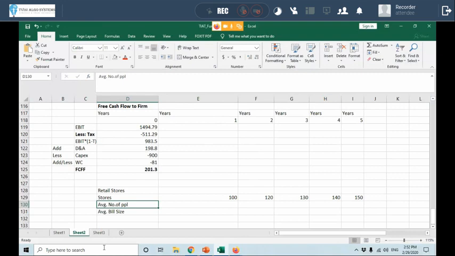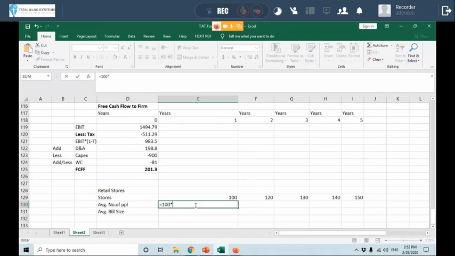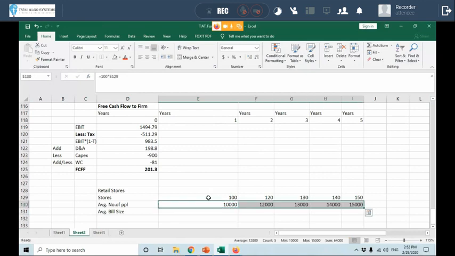Now I know the average number of people visiting. Suppose 100 people are visiting in a year, in one store. So 100 into 100. So this many people are visiting. I am assuming 100 people only, with 150 stores.